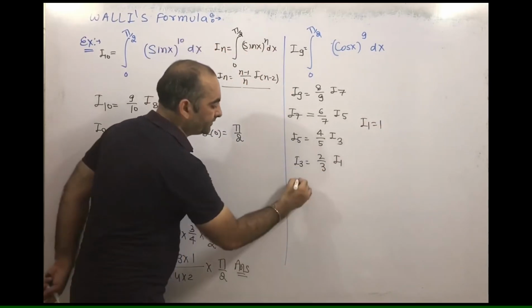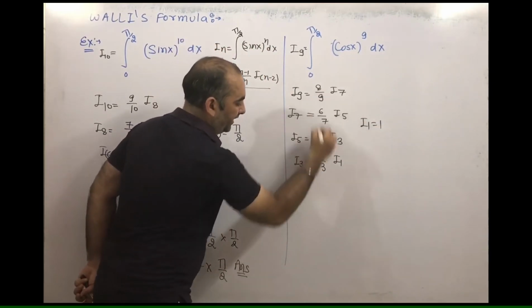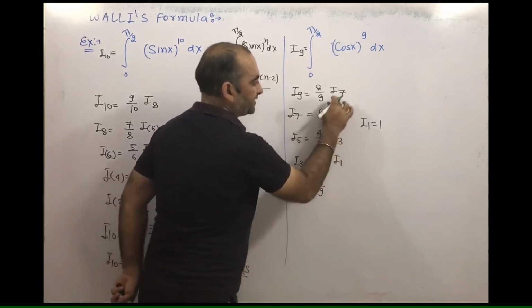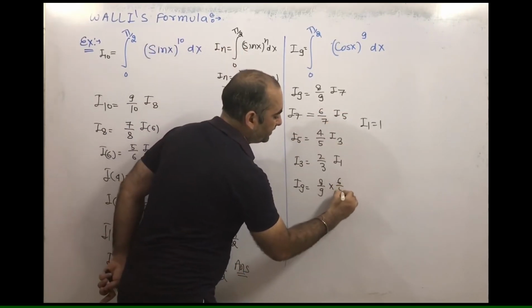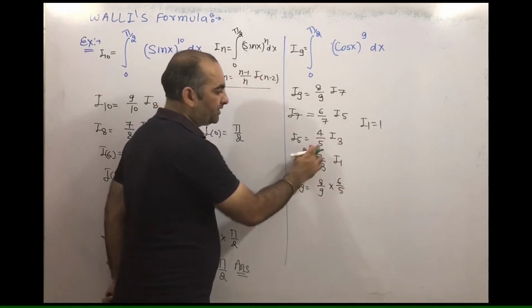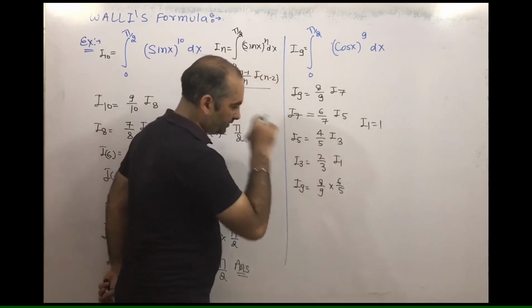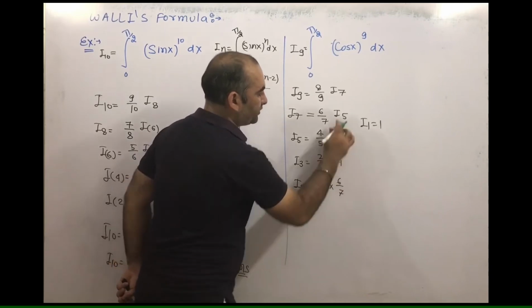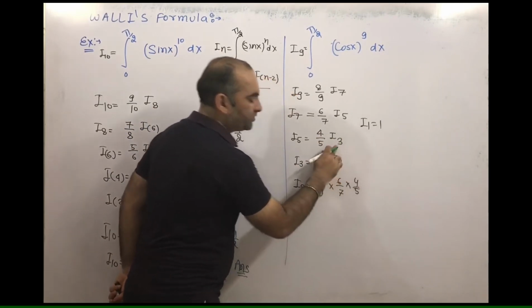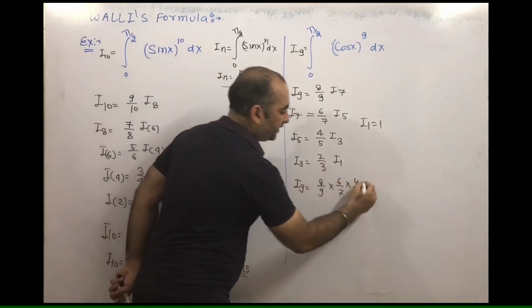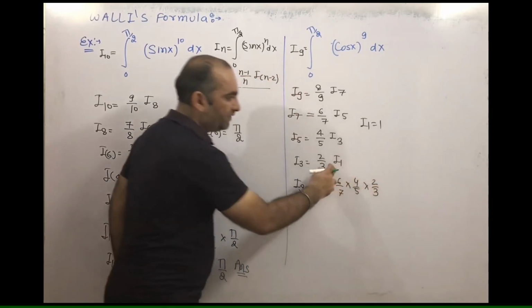So what is I9? 8 by 9 into I7. Instead of I7 we can write 6 by 7 into I5. Instead of I5 we can write 4 by 5 into I3. Instead of I3 we can write 2 by 3 into I1. The I1 value is 1.